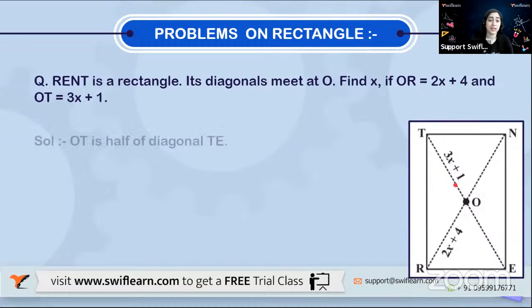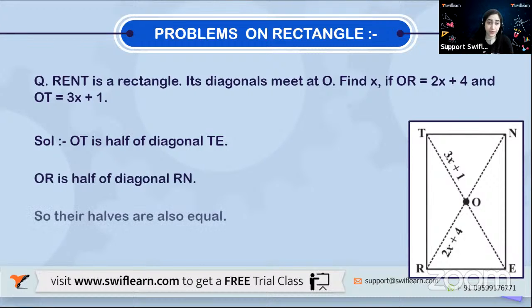So in that case, we know that OT is half of TE, right? And we also know that OR is half of the diagonal RN. So their halves are also equal. If the diagonals are equal, that means their halves are also equal. So we can directly put the values. 3x plus 1 will be equal to 2x plus 4.